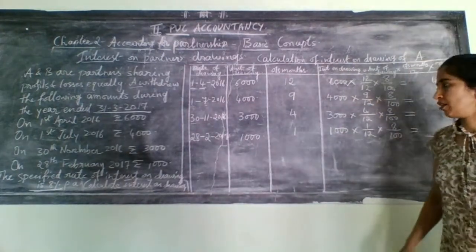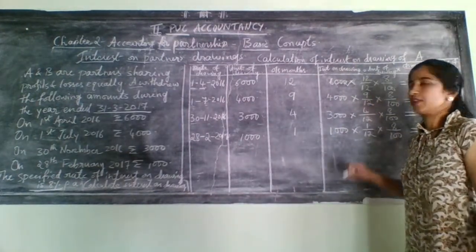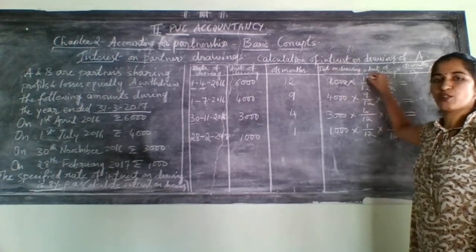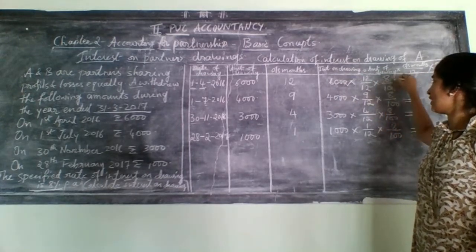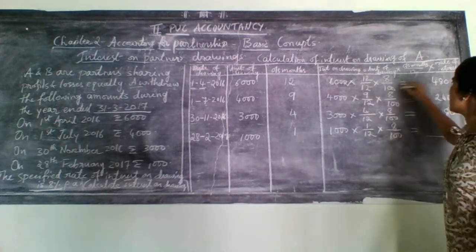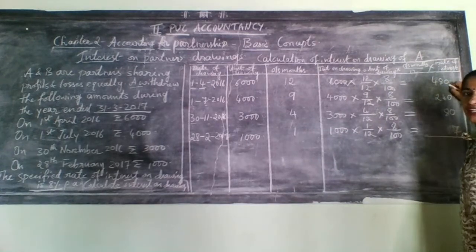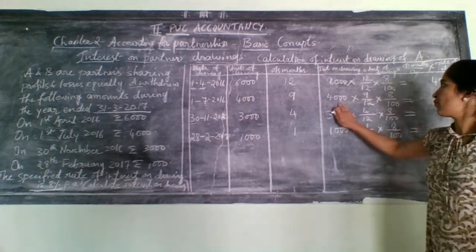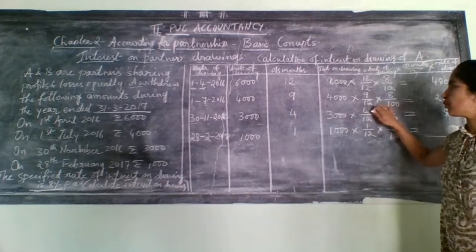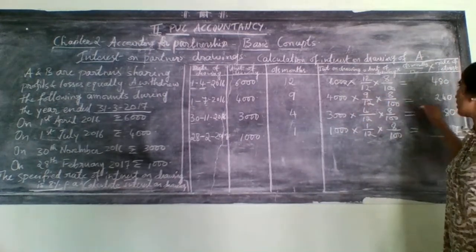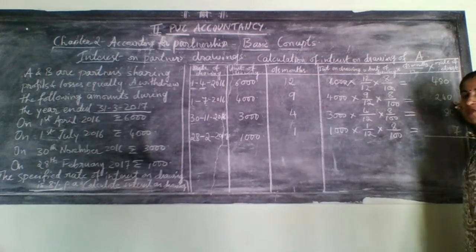Okay. Did you do it in your calculator? Let us see. 6,000 into 12 by 12 into 8 by 100 means it will come how much? 480. Next one, 4,000 into 9 divided by 12 into 8 divided by 100 means it will come 240.